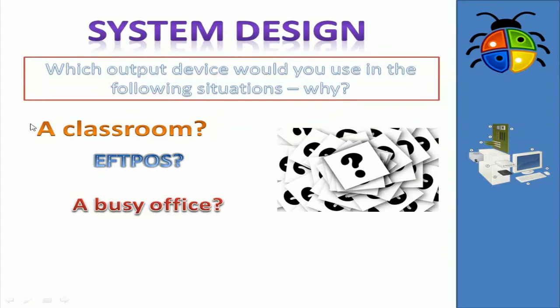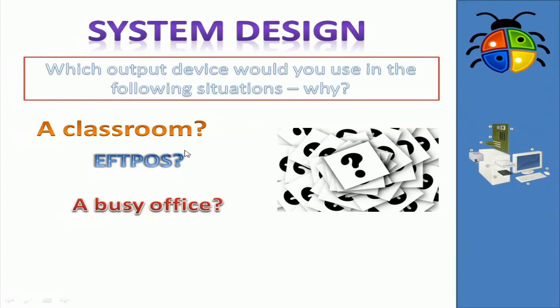So in a classroom, what would be the most appropriate output device? Again, you can come up with several, there's not just one answer. For an ICT classroom, or a computing lab, or a physics class, what output devices would be best?